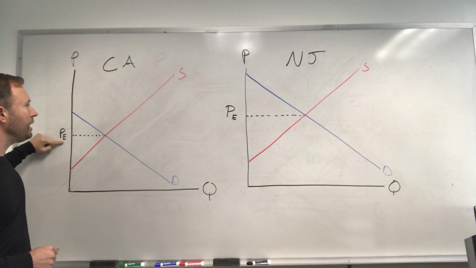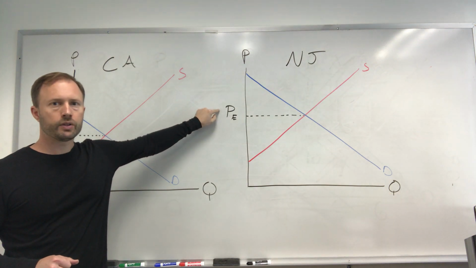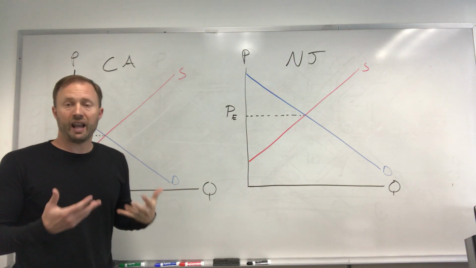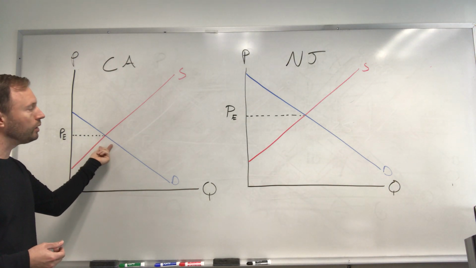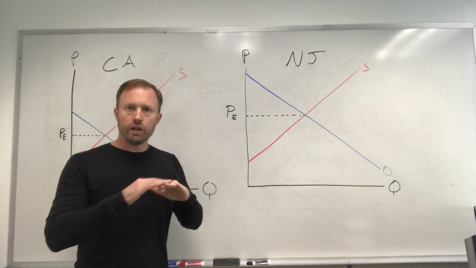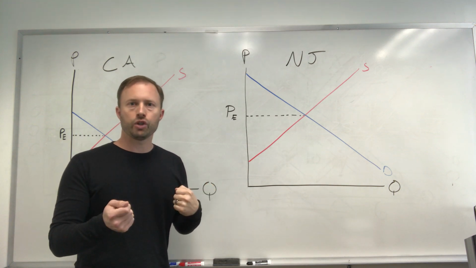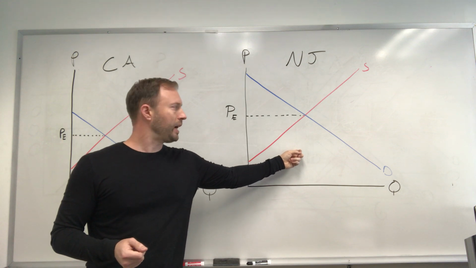So if I can buy it here for, say, $10 and sell it in New Jersey for $20, well, then I have a financial and economic incentive to do that, to move the resource from where it is valued less to where it is valued more. Now, ignore for the moment any transportation costs between California and New Jersey. What would you expect to happen?